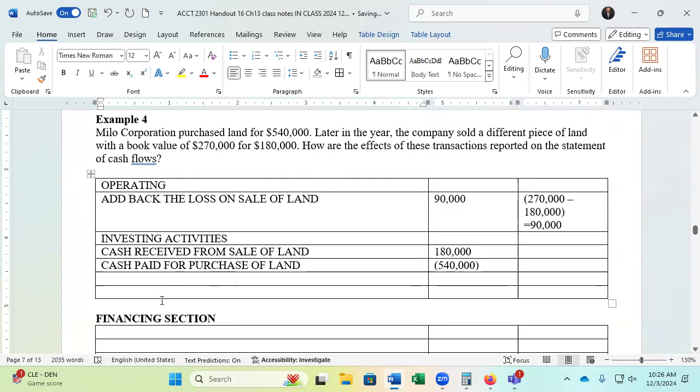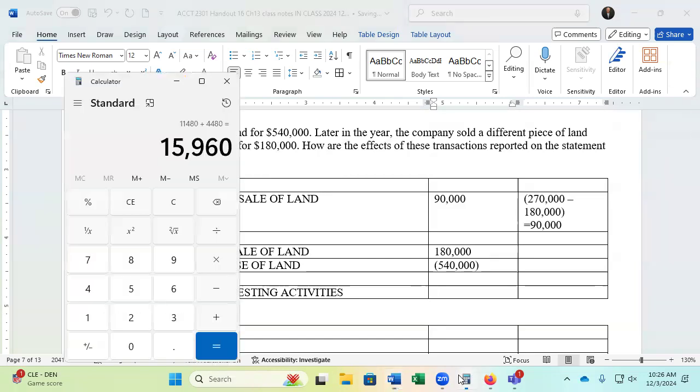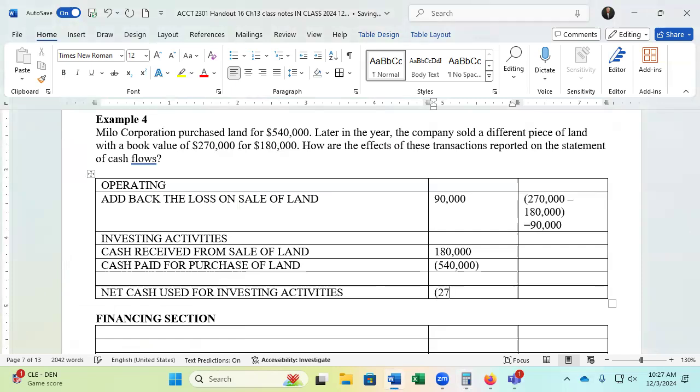And so you would have net cash used for investing activities, and whatever the difference is there. So 270,000. Any questions?